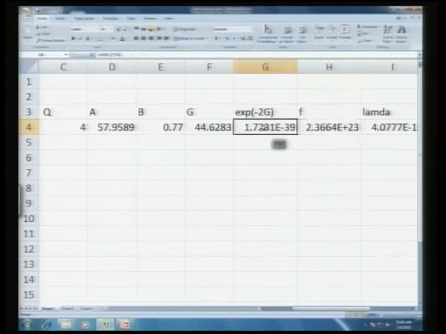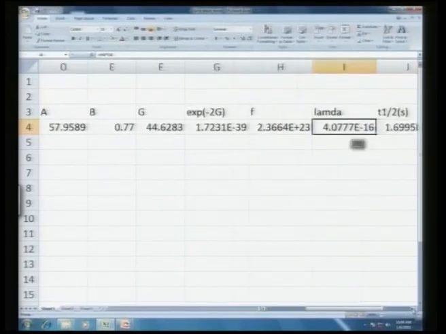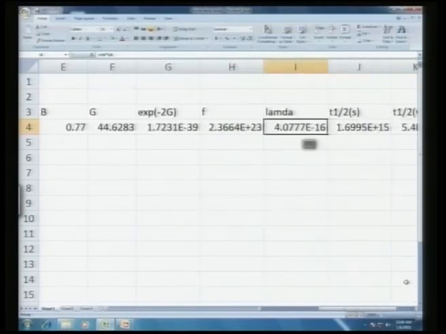Here is the probability of coming out per attempt. So, you multiply these two, f and e to the power minus 2 g, and you will get lambda. That lambda is here, that is the decay probability. And then T half, the half life, will be just 0.693 divided by lambda. So, here it is.